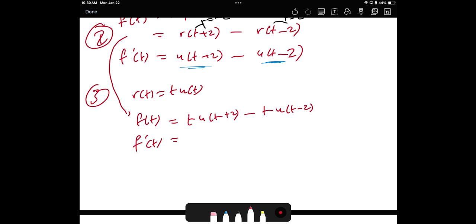So basically, it will be u of t plus 2, because it's the derivative of t, plus the derivative of u of t, so it will be t times delta t plus 2, subtracted from the derivative of t, which will be 1, so it will be u of t minus 2 plus t delta t minus 2.